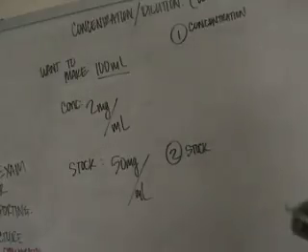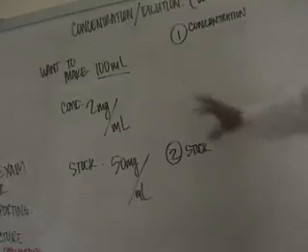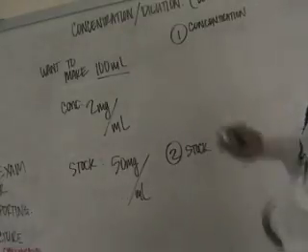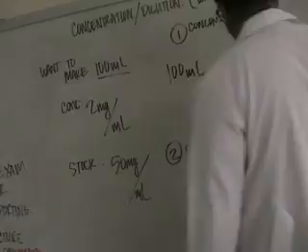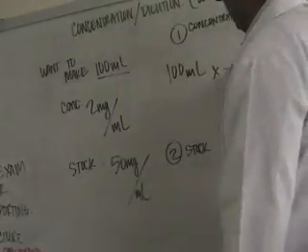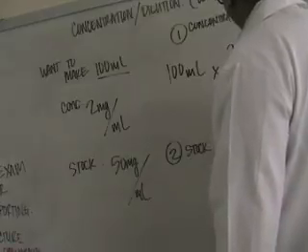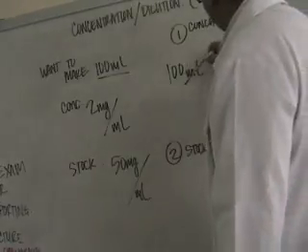So the first thing you have to do is find out how many milligrams of your current concentration you want, and we do it the same method that we've been doing for the last several weeks. 100 ml times 2 milligrams per 1 ml, and the ml will cancel out.